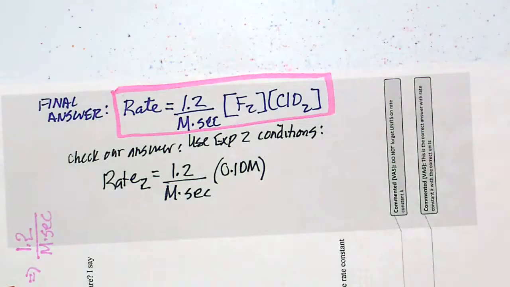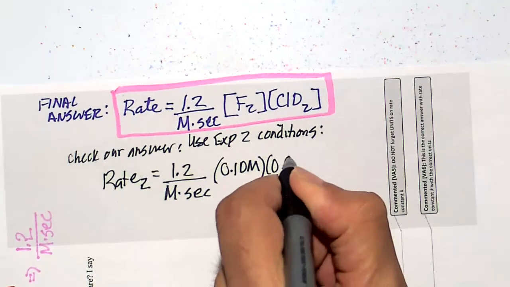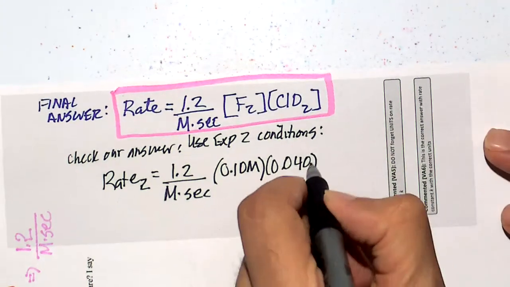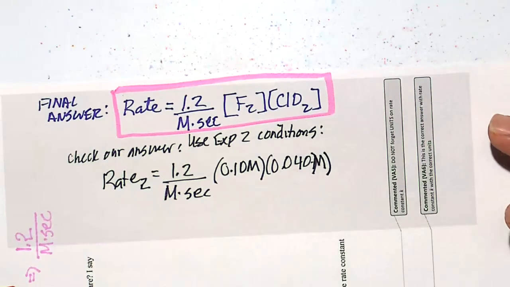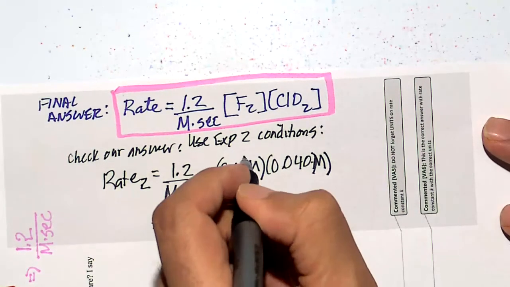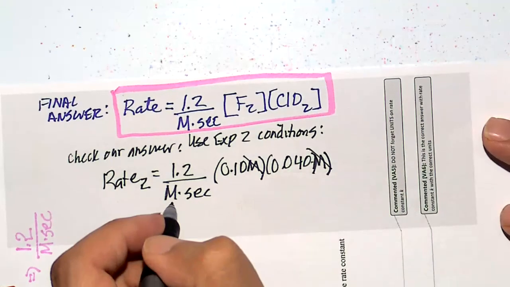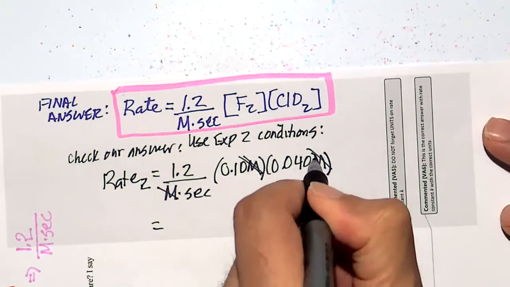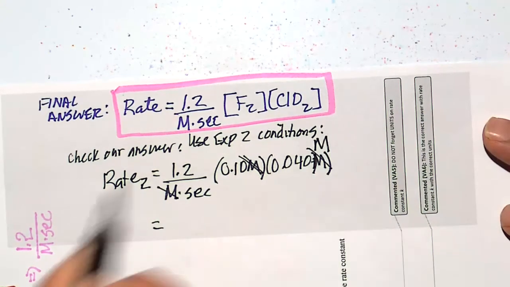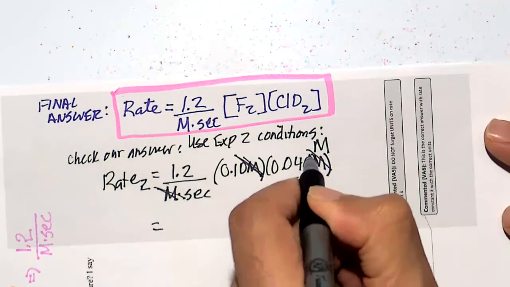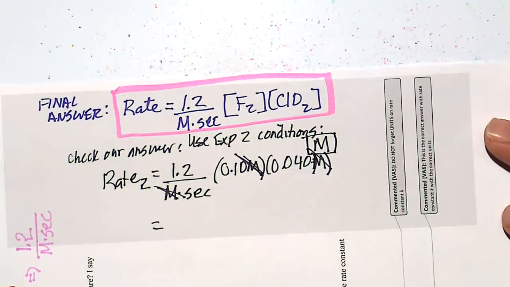So I want you guys to know you can check your answer. Raised to the 1 power. M times M is M squared. So one of these M's will cancel with one of these M's, leaving M over second.